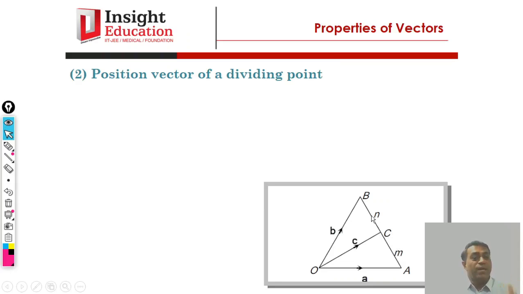So directly we can use the same formula. It means we can find the position vector OC, or you can say C, by using the straight line equation.